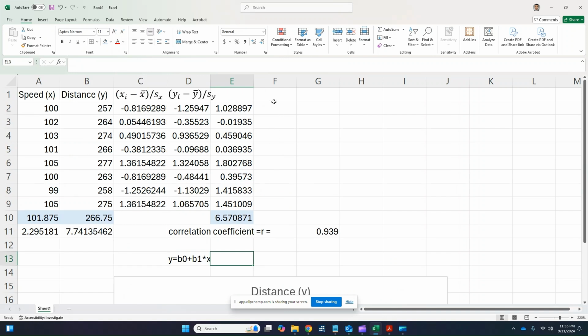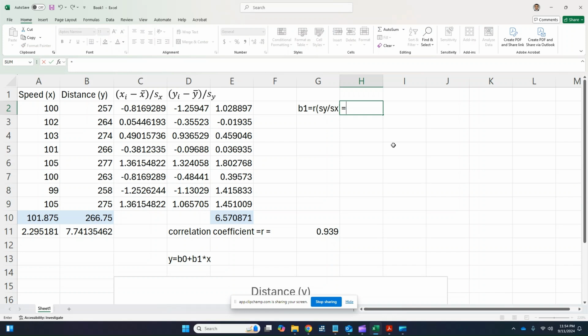Okay, now let's calculate b1 first. To calculate b1, we have a formula, and we can express the formula in terms of the correlation coefficient, and that formula is b1 equals r times sy over sx, that is the correlation coefficient times the standard deviation of y over the standard deviation of x.